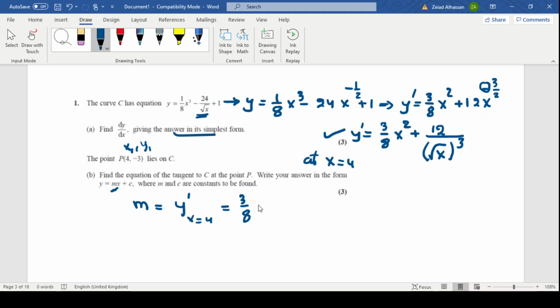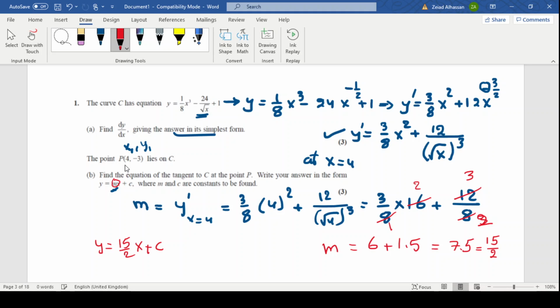So y equals 15 over 2 x plus c. Now to find the value of c, we may substitute this point because I have x and y. So negative 3 equals 15 over 2 times the x, which is 4, plus c.